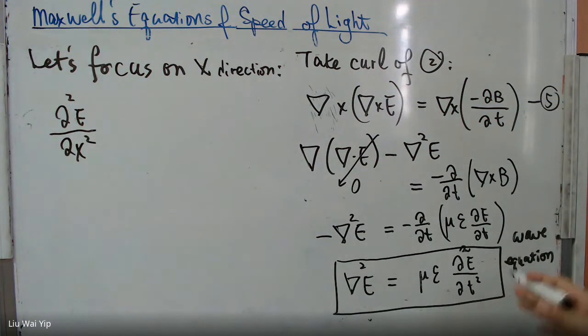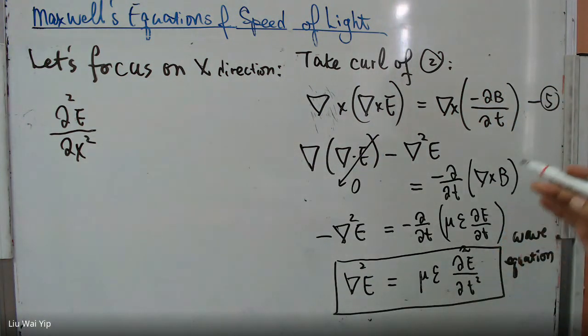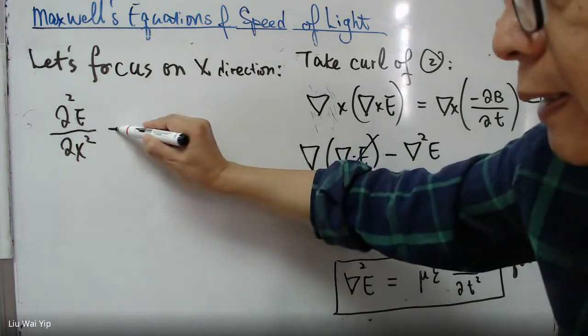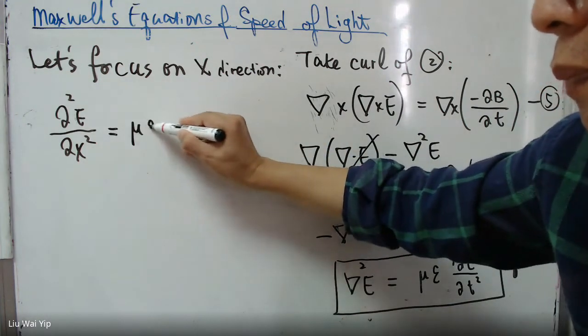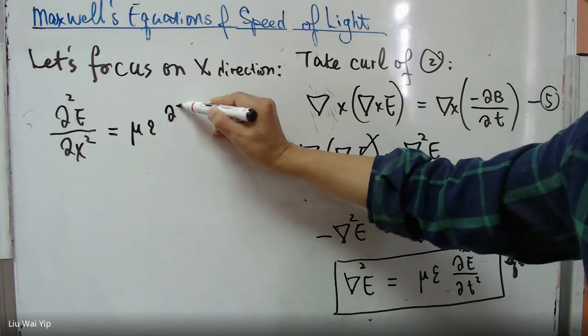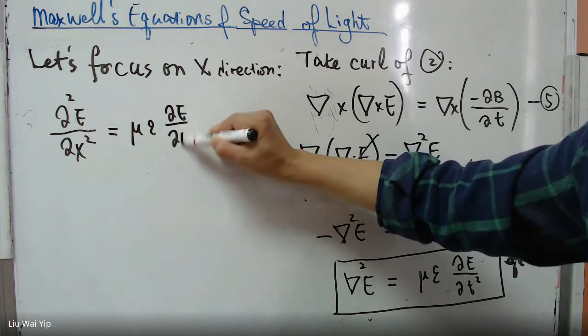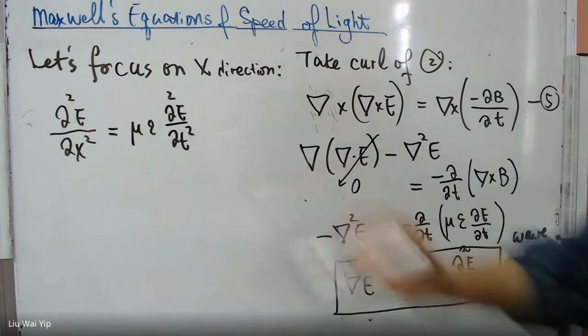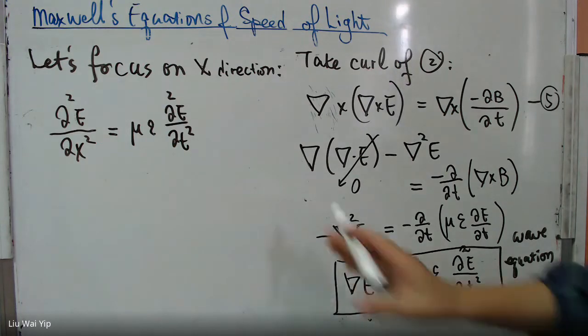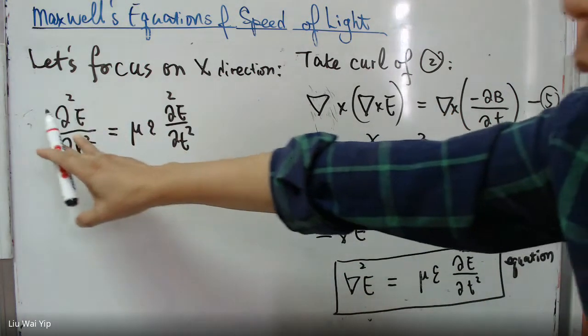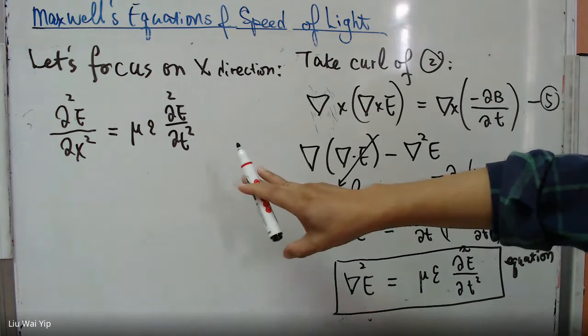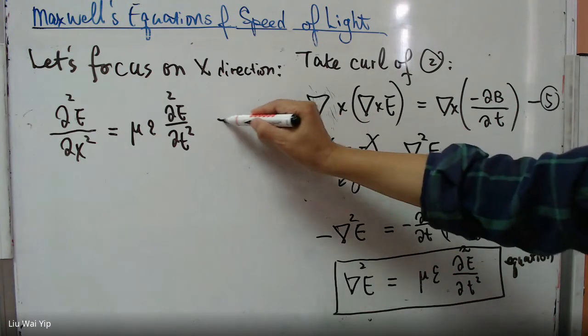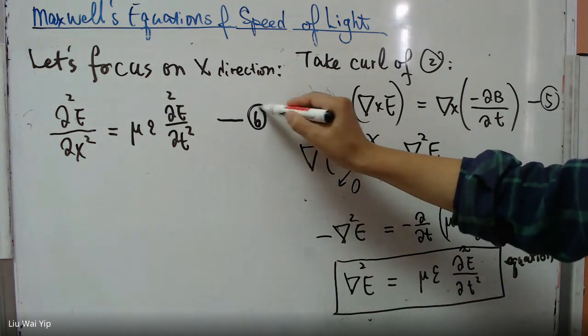The right side of the equation can remain as it is. So we are going to simplify this equation. This is equation 6, the wave equation.